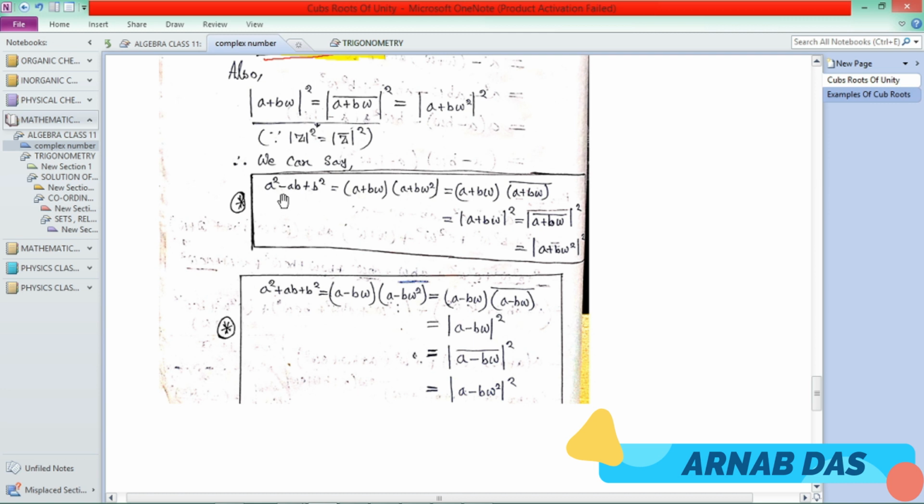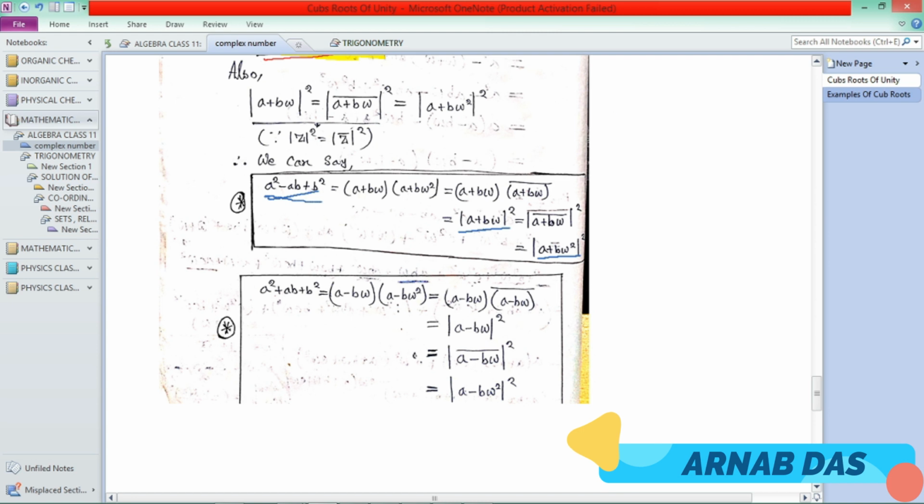So guys, here you can see that a square minus ab plus b square equals the whole square of mod of a plus b omega, and it equals the whole square of mod of a plus b omega square.